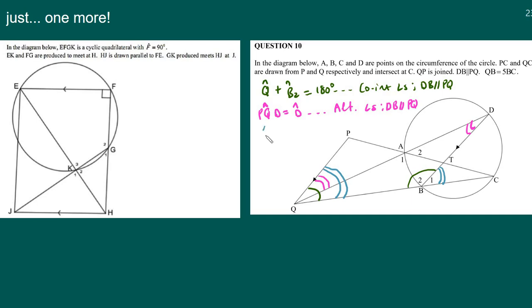So angle Q is equal to angle B1. Those are our corresponding angles. You can see they make an F shape and both are inside the F shape. Those are corresponding angles because DB is parallel to PQ.